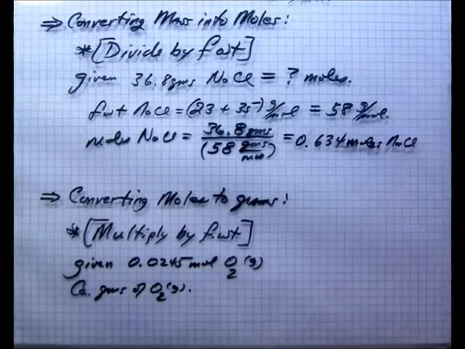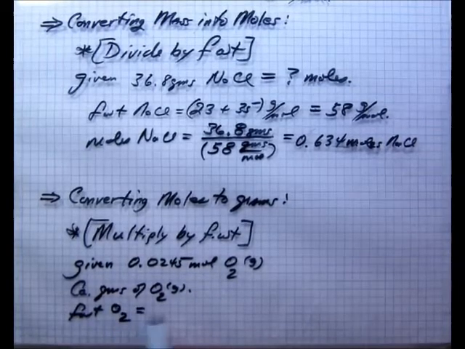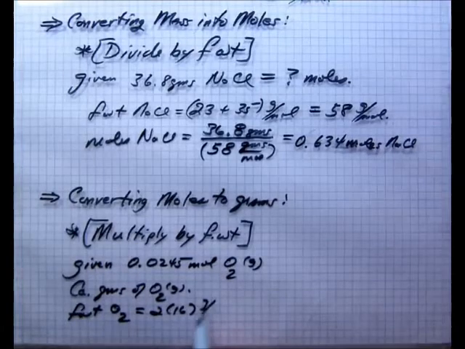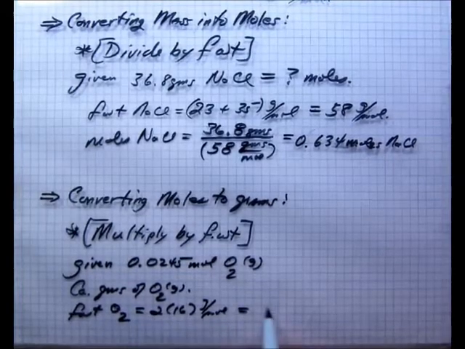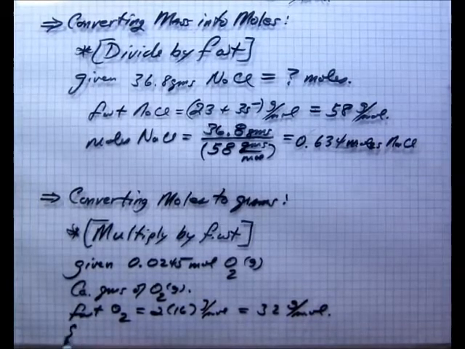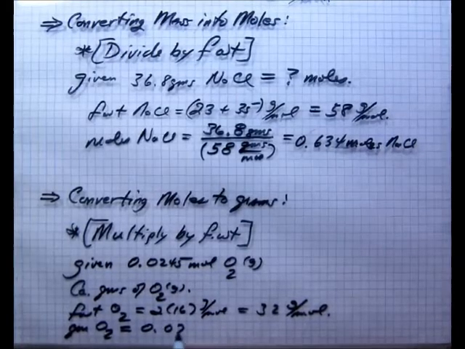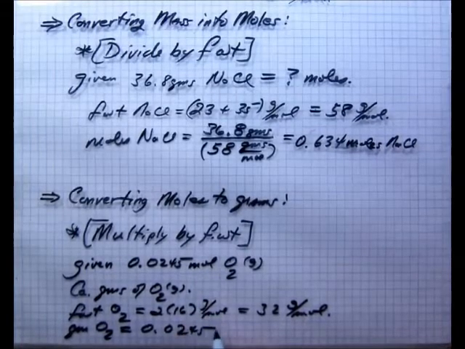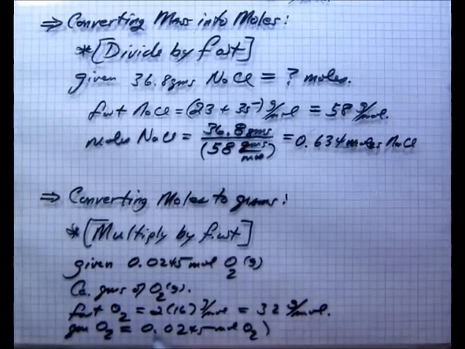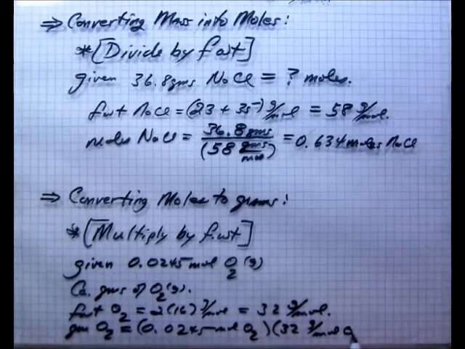Well, the process is simply: the formula weight of O2 is 2 times 16 grams per mole, which is equal to 32 grams per mole, and then the grams O2 now is 0.0245 mole O2 times 32 grams per mole O2, if you want to keep the units consistent.